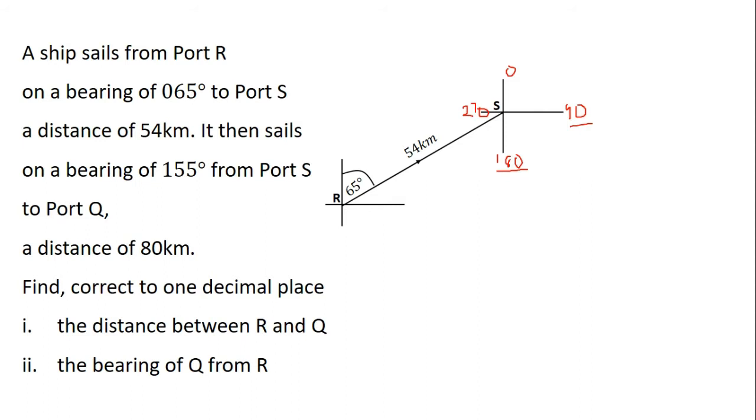So you ask yourself, what should you add to 90 degrees in order to get 155 degrees? You get that by subtracting 90 degrees from 155, as we've been doing all along. And you see that you get 65 degrees, because 65 degrees plus 90 degrees will give you 155 degrees.